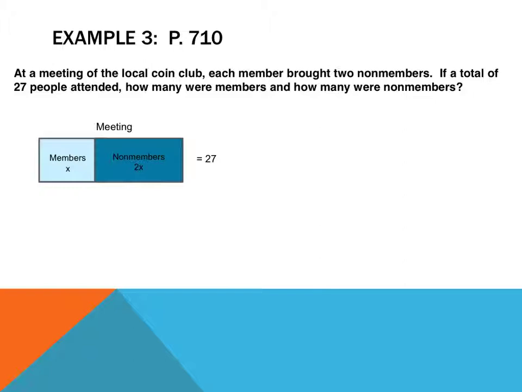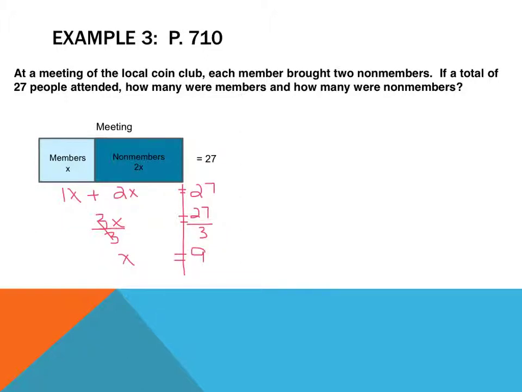And there's 27 people that attended total. So my equation would be x plus 2x equals 27. So 1x plus 2x is 3x. Divide by 3.